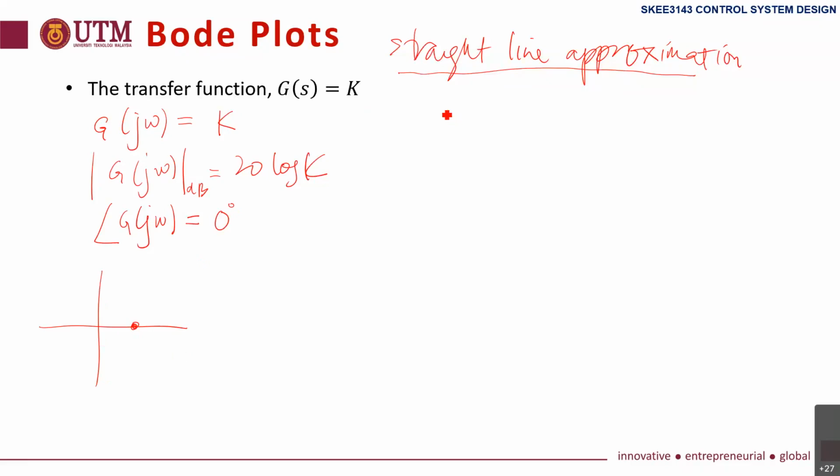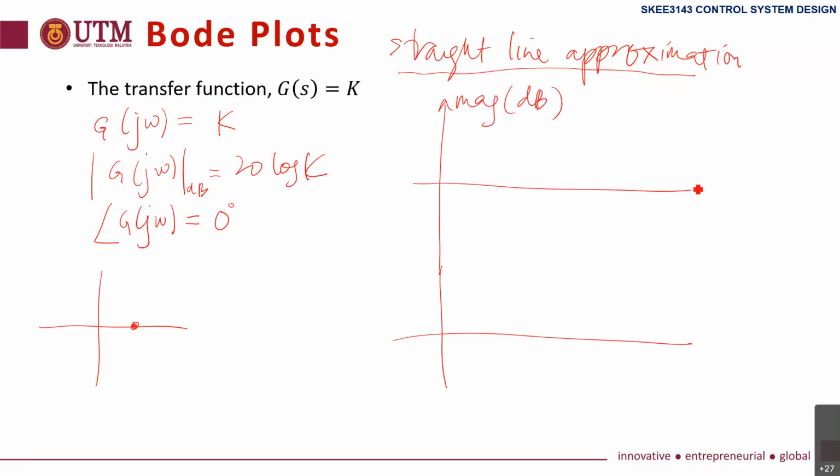If we plot, this is for magnitude in dB, omega in radian per second, also omega here in radian per second.